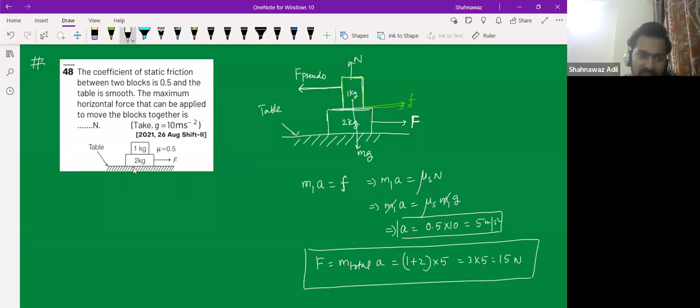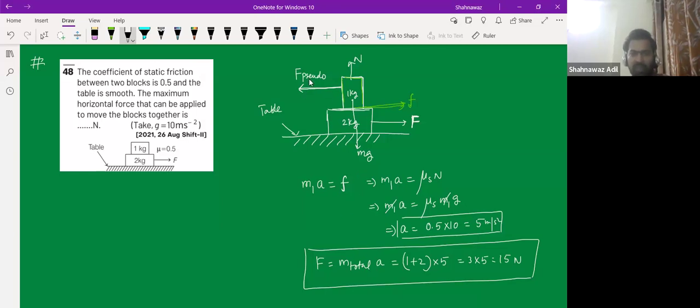Luckily we didn't have any friction in the table, so we don't have any complicated thing in the downward path. But we'll see a question in which we have friction in the downward part as well, and we'll solve that too. But is this clear to everyone?